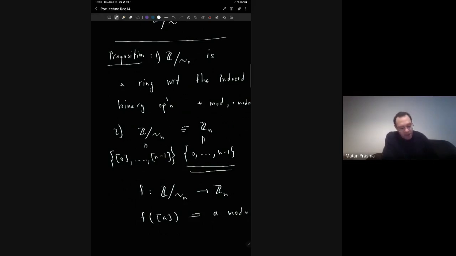Okay, and this is an injective and surjective map, and it's compatible with addition and multiplication. Of course, intuitively, you can just think that I simply chose another notation for these elements. Now they are equivalence classes, but the way the operations are defined is exactly the same. Again, from a computer point of view, it's the same structure. Is this proposition clear? Because I want to now generalize it to polynomials.